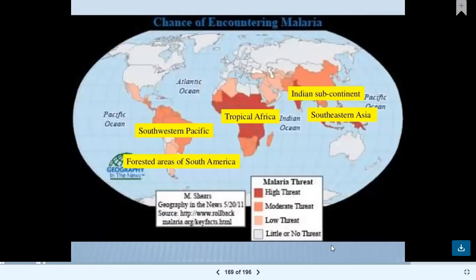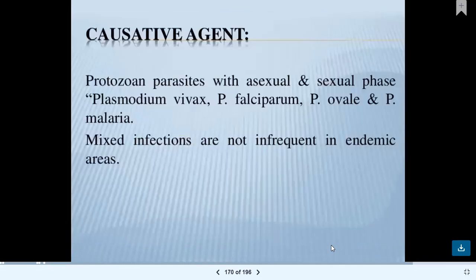Okay, here you can see in this world map, which shows high threat, moderate threat, low threat, and little or no threat areas. And India comes under the high threat area of malaria. Now, let's talk about its causative agent.